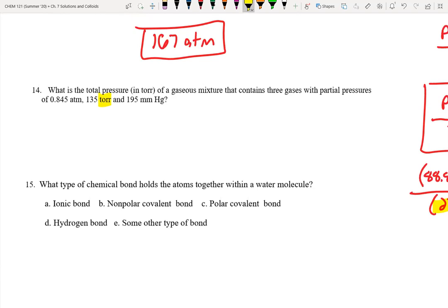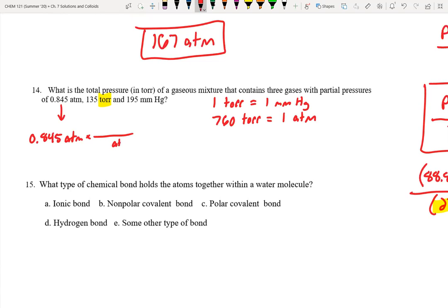And luckily, 1 torr is equal to 1 millimeter of mercury. And then 760 torr is equal to 1 ATM. Okay, so let's convert this to torr. So I've got 0.845 ATM. I want to cancel out ATM, so I'm going to put this on bottom.